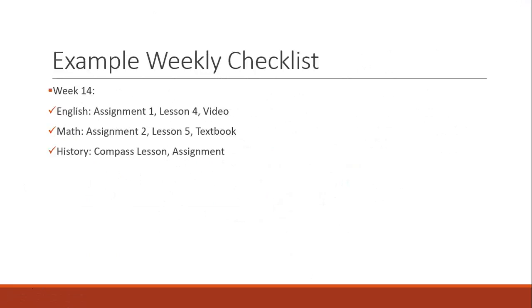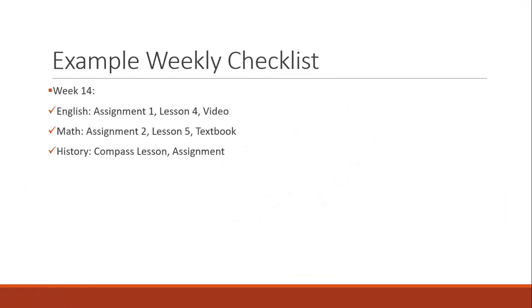So here's an example. I mean, it's not that good of an example, but you would put down the assignment name, and then whichever lesson you're on, and then you would say if it's an online video, or maybe you have to watch a DI, or you have to do a written assignment or something on your computer.